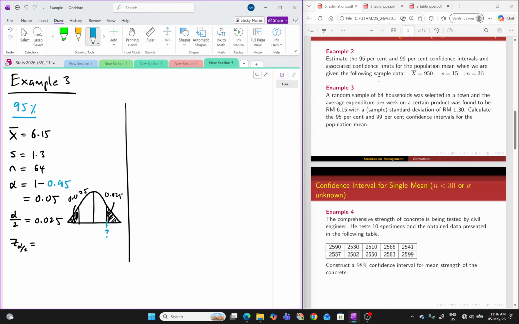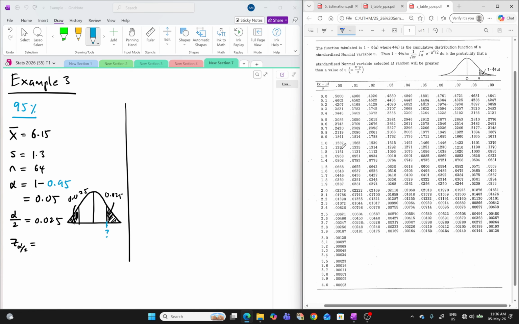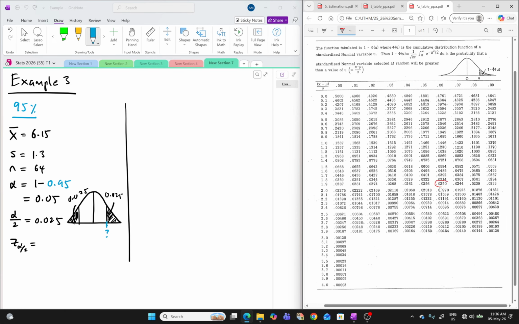If you look at the table, your critical value should be 0.025, 1.96. So right here.